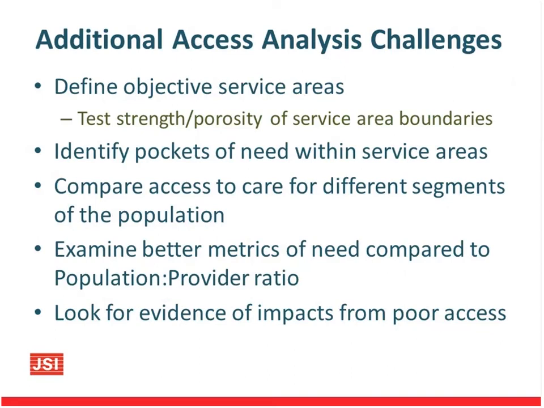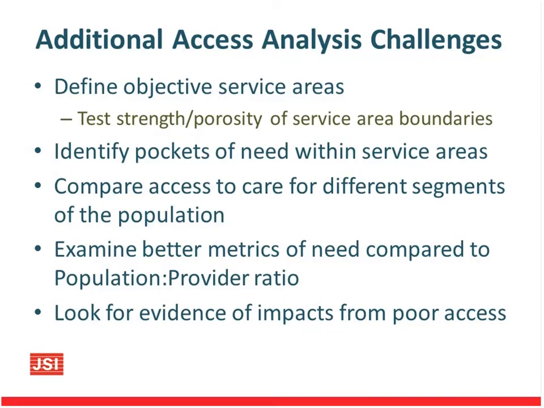Do you know whether that circle or polygon you drew is representative of the way people are actually using care? Whether that's ideal or not is a separate question. To what degree is there flow in and out of those service areas? Are you generally seeing people coming from surrounding communities? Are you seeing people from that community going out to other areas to get their care?